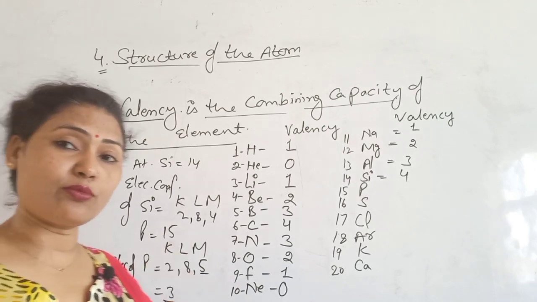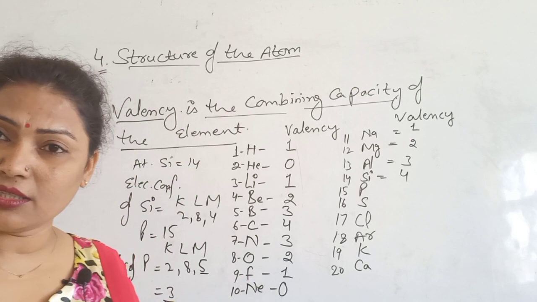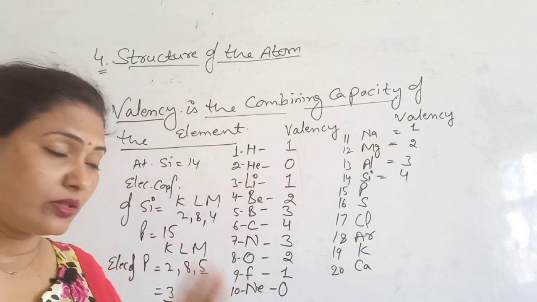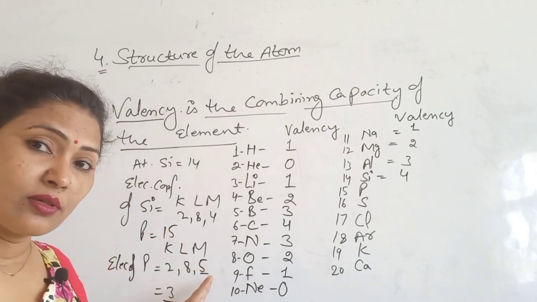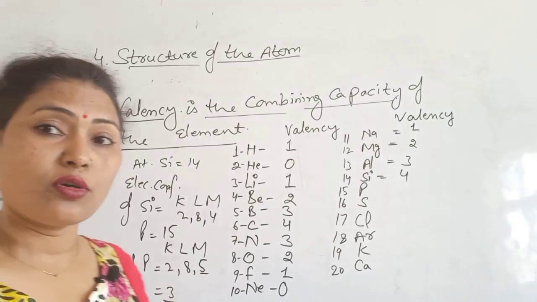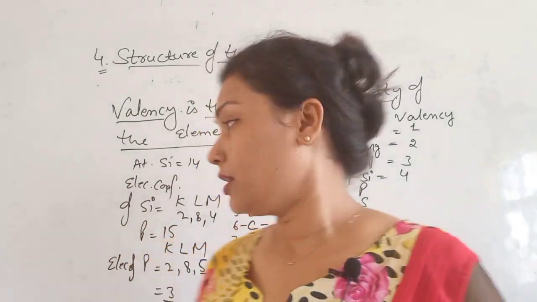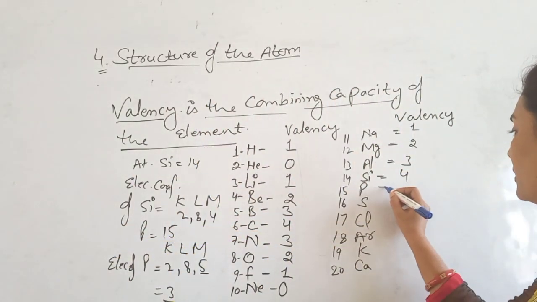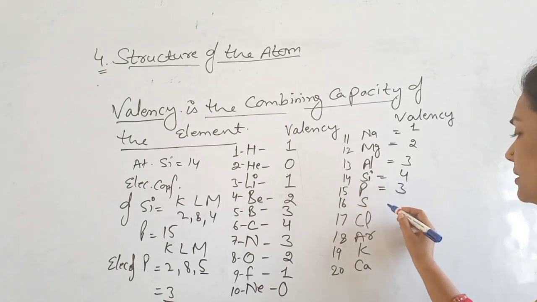How many do you need to add to 5 so it becomes 8? If you add 3, it will become 8. So its valency is 3. You can write the valency here for phosphorus: its valency is 3.